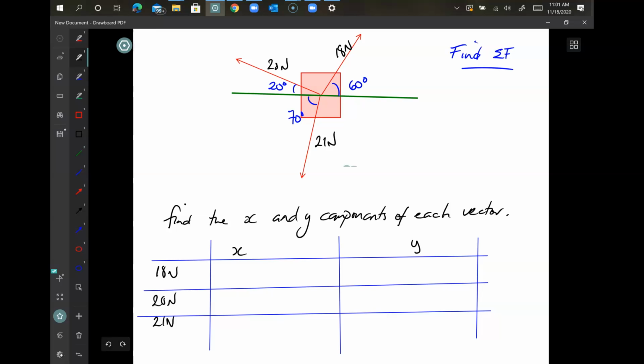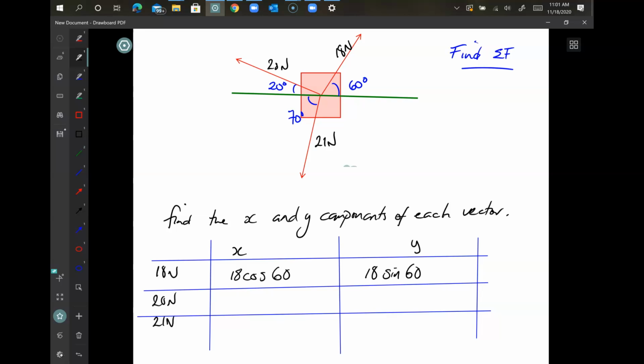The 18 Newton vector is connected to the x-axis, so the x component will be the cosine one. So it's going to be 18 cosine of 60. And therefore, the y will be 18 sine of 60. We need to think about sine here.